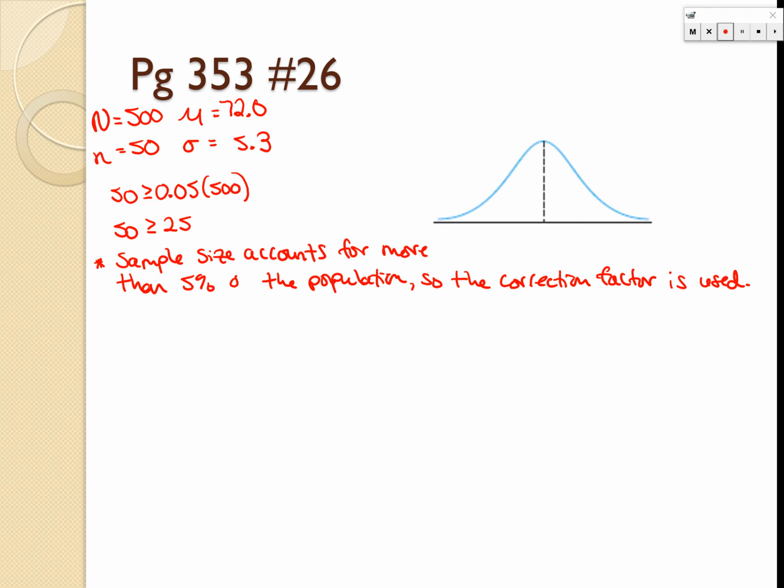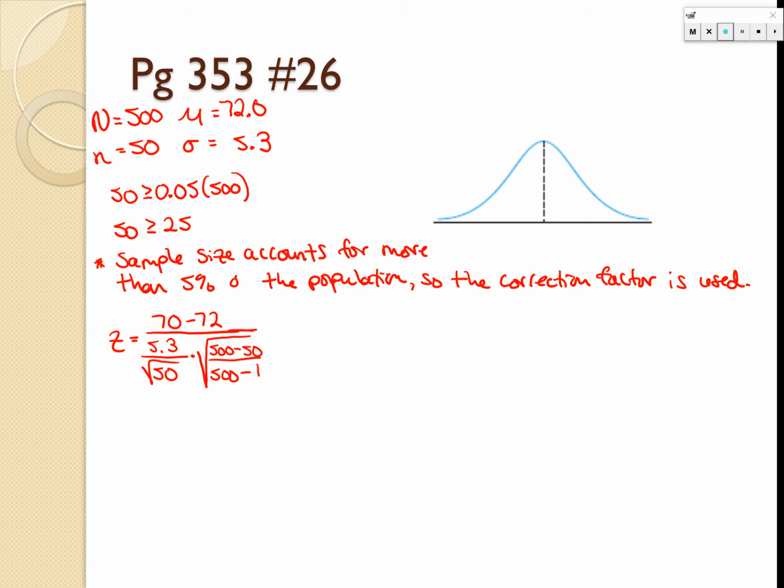We've got a giant Z formula now. So we have our sample mean minus the population mean, divided by, now here's where things get a little bit ugly, our standard deviation divided by square root of our sample size, times the square root of population size minus sample size, divided by the population size minus 1.